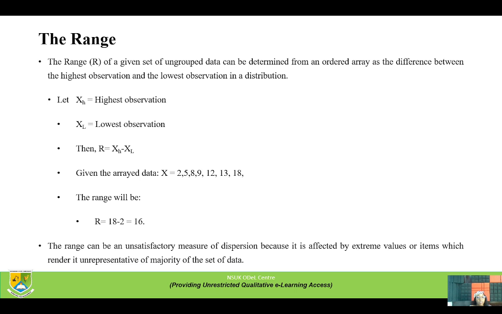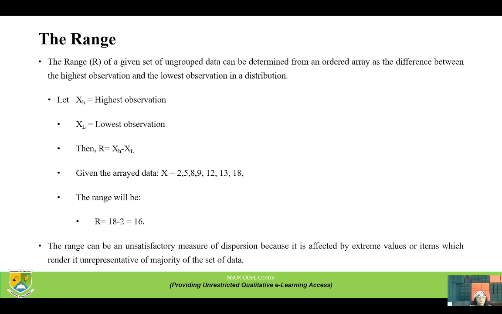The range. The range of a given set of ungrouped data can be determined from an unordered array as the difference between the highest observation and the lowest observation in a distribution. That is, the highest value minus the lowest value gives you the range.